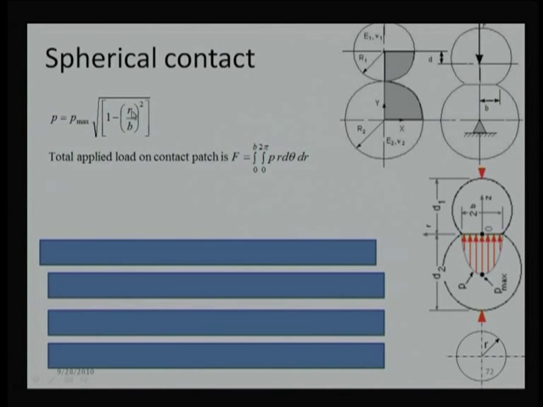When R is equal to B, that means B by B will be equal to 1, 1 minus 1 will be equal to 0, that means pressure is equal to 0, and this is what we are showing through this diagram. Pressure will be 0 at the boundaries and maximum at the center. That means this kind of relation is representing the pressure distribution which is generally observed in experimental results.